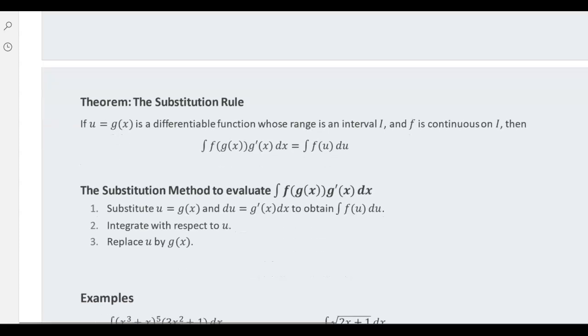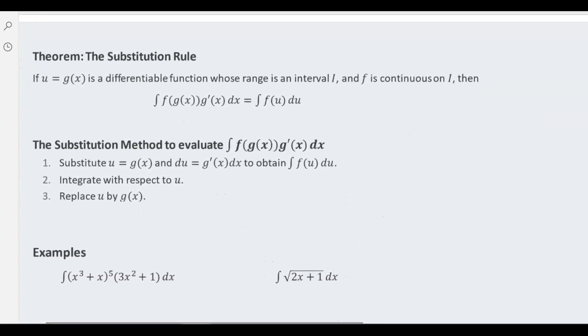First, we'll look at the theorem, which tells us that if we have, as I just stated, a function, in this case it's showing up as a composition function, and its derivative sitting right next to it within the integral, we'll make a substitution change so that we can have something more simplistic for us to integrate. First, let's look at a proof of this, and then we'll do a couple of examples.